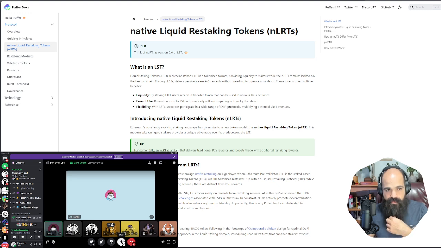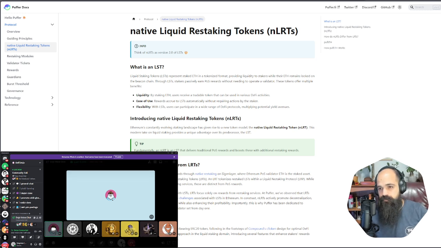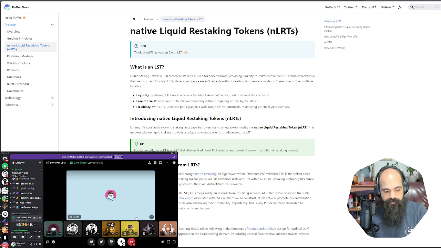When you have a traditional LP, which is, let's say, half rswETH, half ETH, you're only going to be earning Eigenlayer points on the rswETH side, so you kind of lose capital efficiency when it comes to farming points, which is a weird thing to say. But this is why we launched this dual LRT pool.